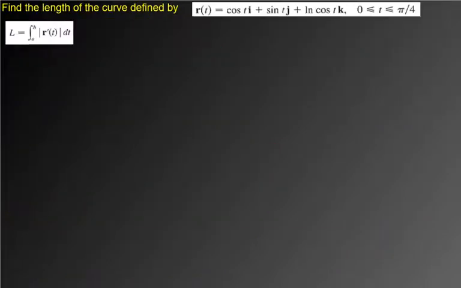So I just want to do an example. It's pretty straightforward. You need to find r prime, and then you need to find the magnitude of it. Let's just go through this example.